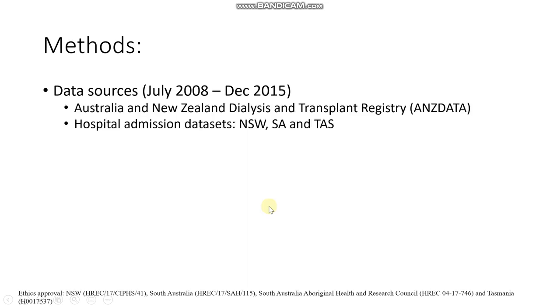We used data from July 2008 to December 2015, and this project was part of a larger data linkage project between the Australian and New Zealand Dialysis and Transplant Registry, also referred to as ANZDATA, and hospital admission datasets from New South Wales, South Australia, and Tasmania.